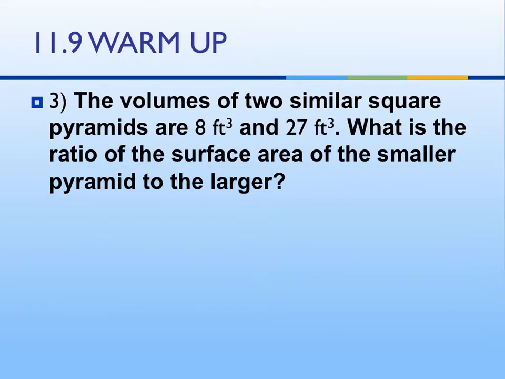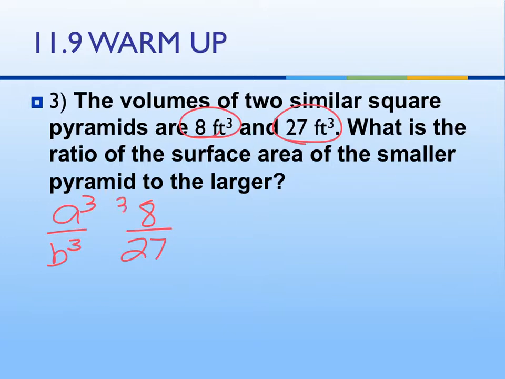Okay, number 3 says the volumes of 2 similar square pyramids are 8 feet cubed and 27 feet cubed. What's the ratio of the surface area of the smaller pyramid to the larger? So smaller to larger gives me the order. This is volume, 8 to 27, which would be my A cubed to B cubed. I can work backwards to get to the scale factor.